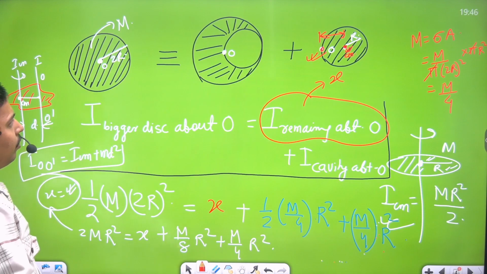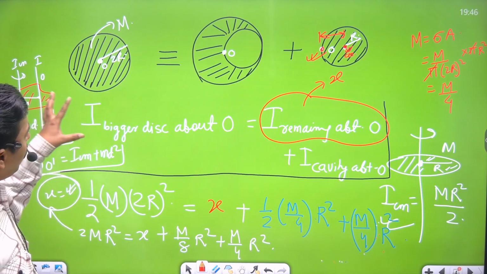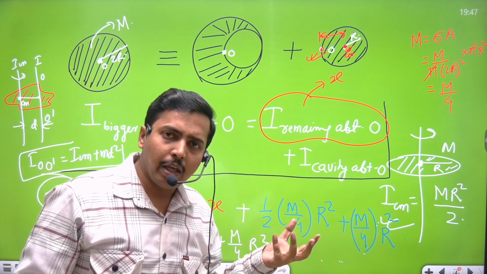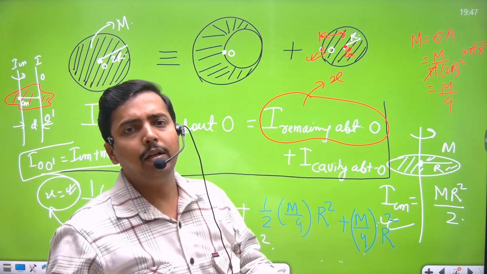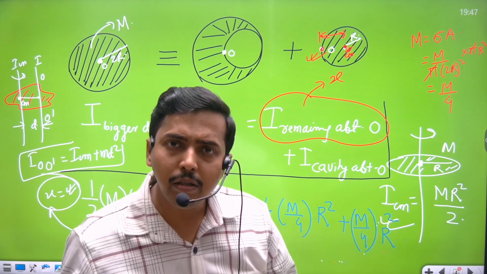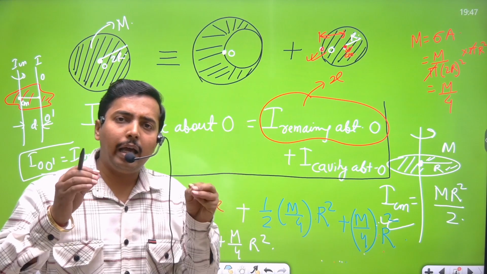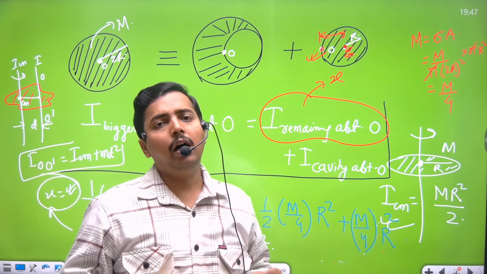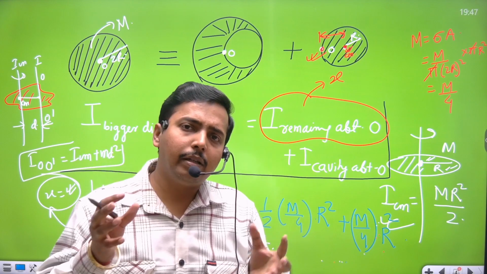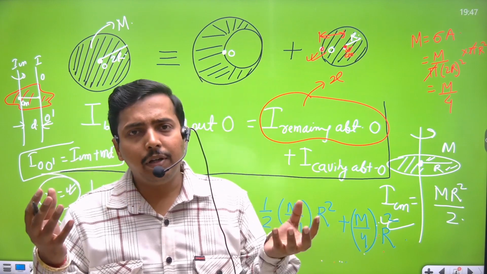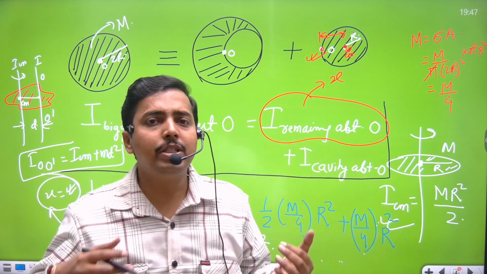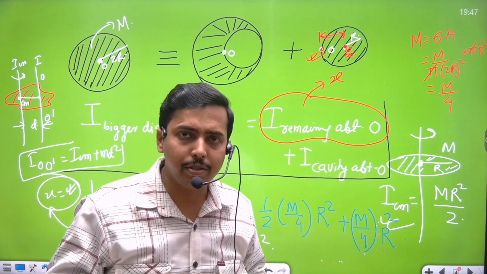Very easy. The person who knows how to calculate the moment of inertia of any body can also calculate the moment of inertia of cavity type problems. The whole problem arises from not knowing the standard method of finding the moment of inertia of standard bodies and bodies which are made up of standard bodies.